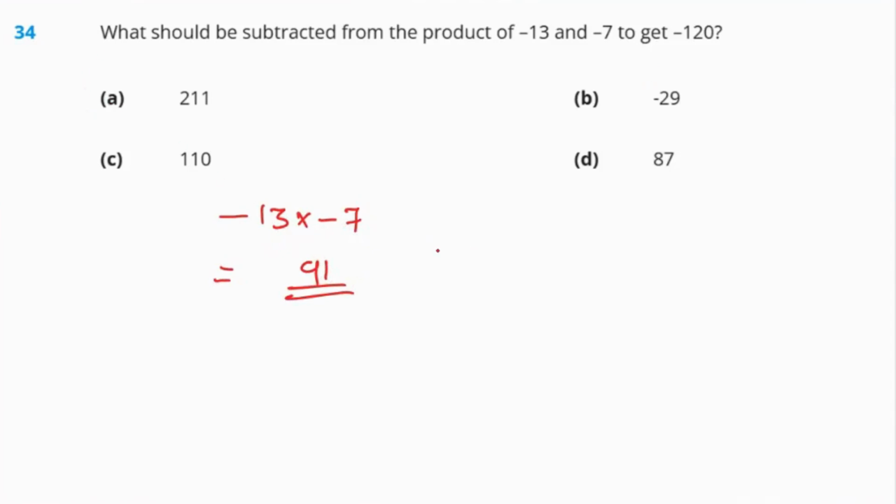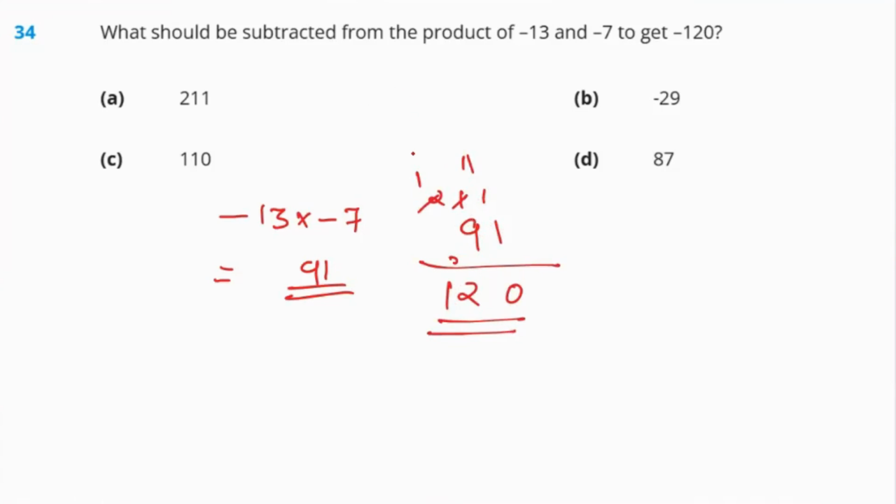So we will check the first option, that is 211. 91 minus 211 gives minus 120.